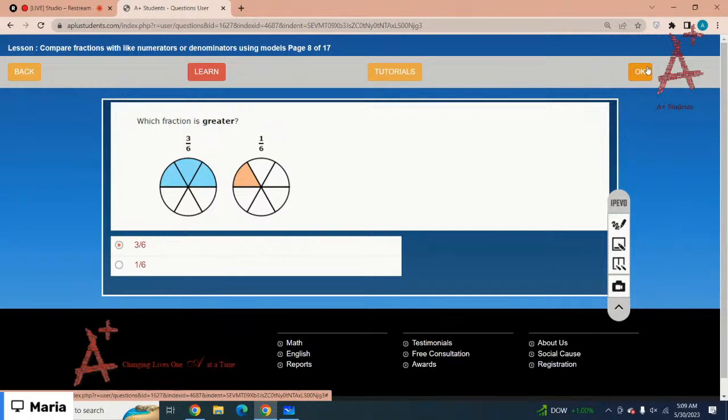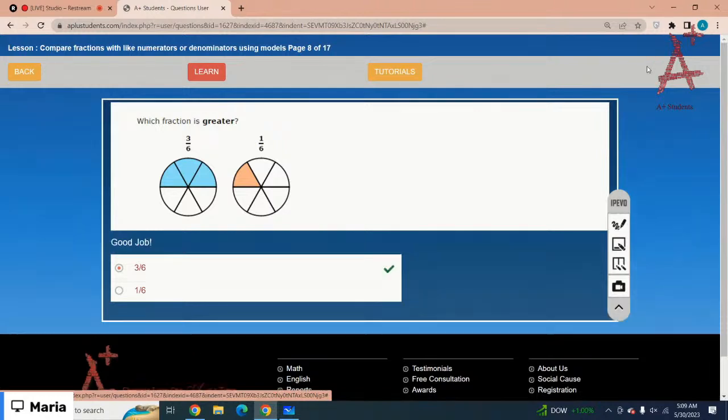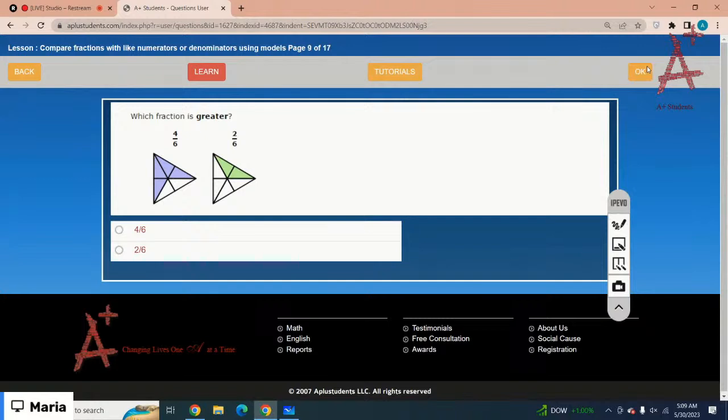Okay, which fraction is greater? Okay, that's the one I just did. I forgot to click on the OK button. Okay, which fraction is greater, 4 by 6 or 2 by 6? So which is greater?